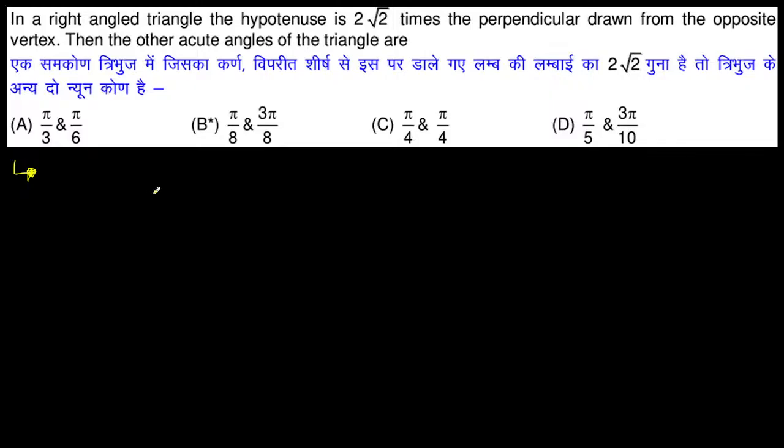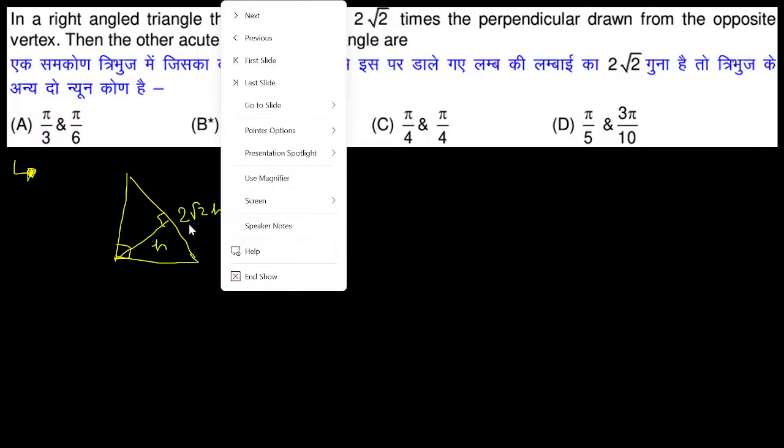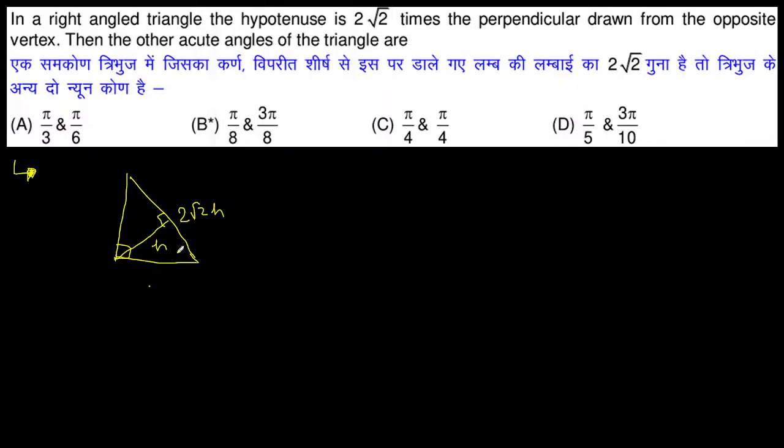A right angled triangle with hypotenuse 2 root 2 times the perpendicular drawn from the opposite vertex. If it is h, it is 2 root 2 h. Then the other two acute angles, okay?